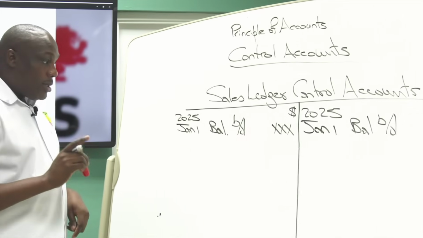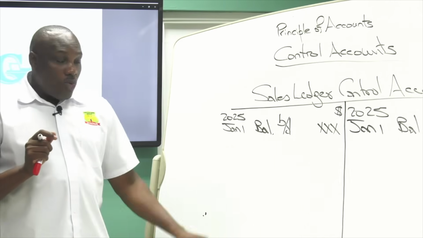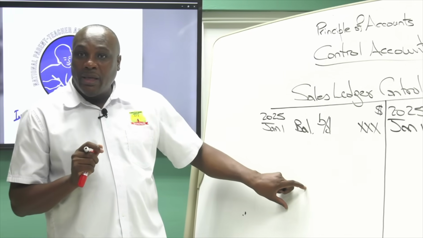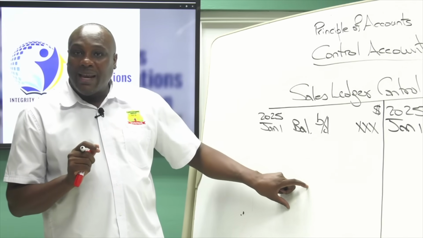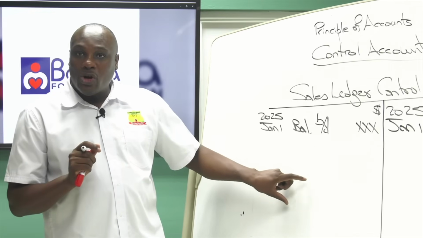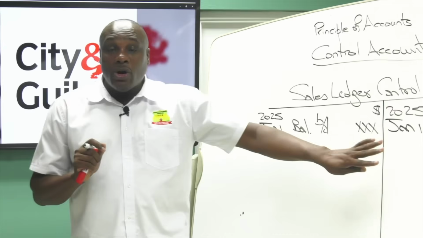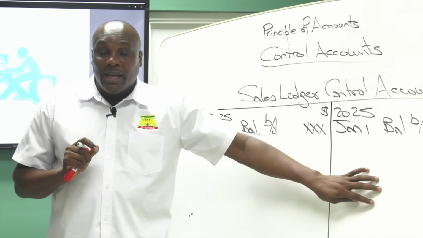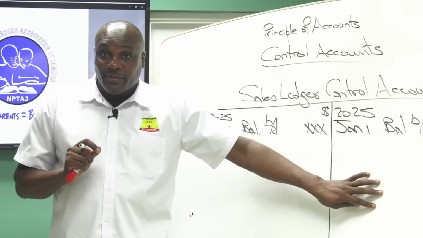Now, candidate, what you're going to see, once I record anything here, it has to be an action that increases the balance of the debtor account. That is on the debit side. Anything that I record here would have to be an action that is used to reduce the debtor balance.